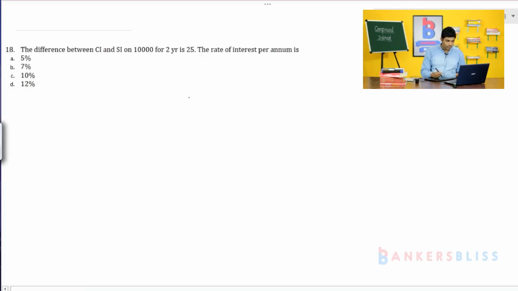See here, the formula says difference is equal to P R square whole divided by 100 square. So, the difference 25 is equal to P, that is 10,000, into R square divided by 100 square, that is also 10,000.